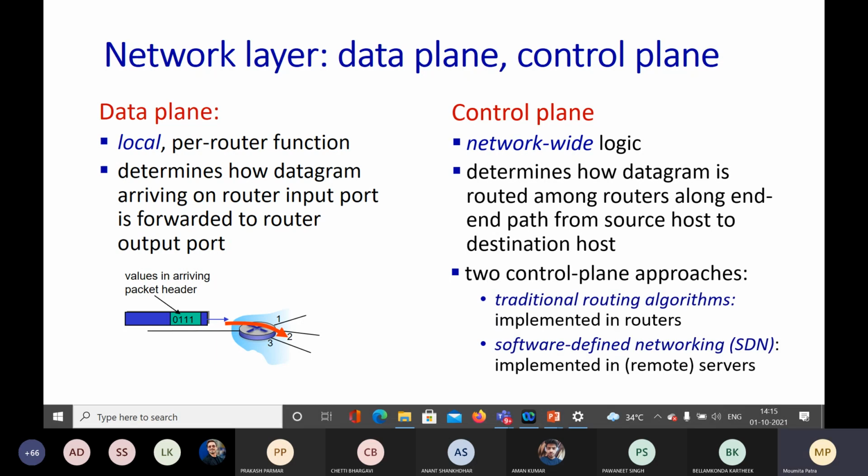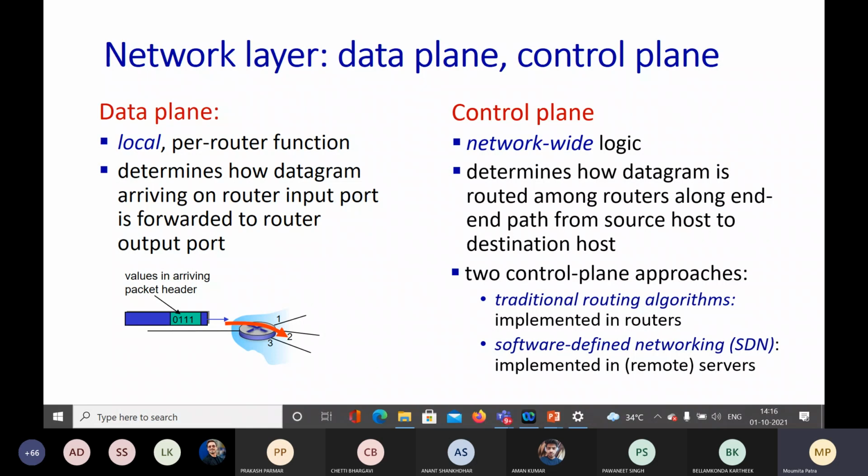So there are two control plane approaches. One is, you find out the path using traditional routing algorithms, which are generally implemented in the routers itself. Okay, in the individual routers itself, you will have different routing algorithms through which you could find out the path from a given source to a destination for a datagram that has arrived. And another approach is software defined networking.